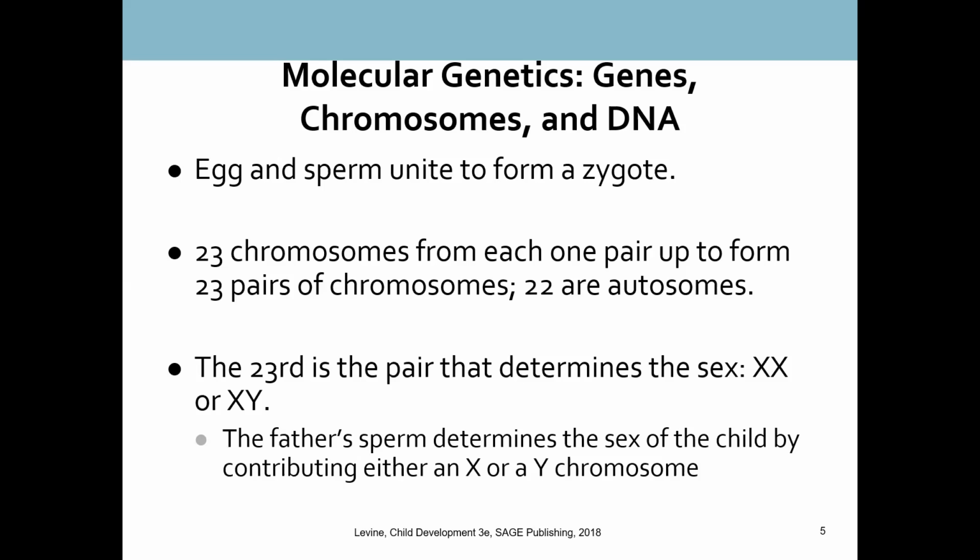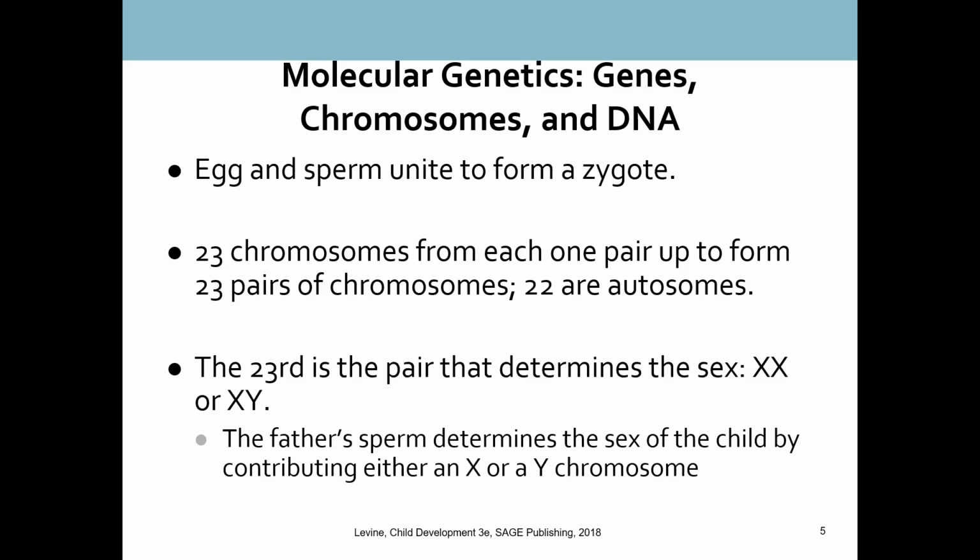The X chromosome is larger than the Y chromosome. Your mother always contributes an X chromosome that is carried in her egg. From your mother, you always get the X chromosome. Your father's chromosome determines whether you're born male or female.